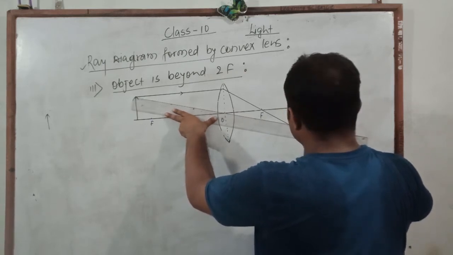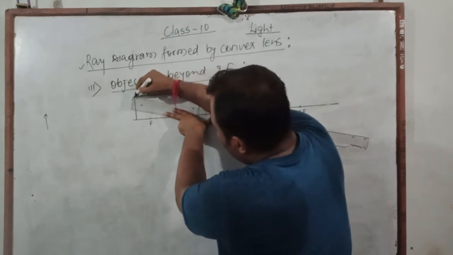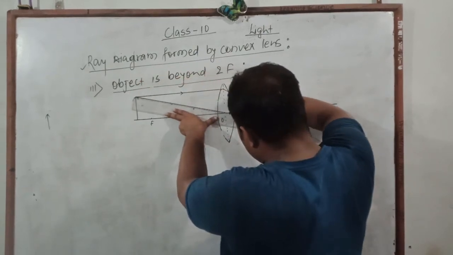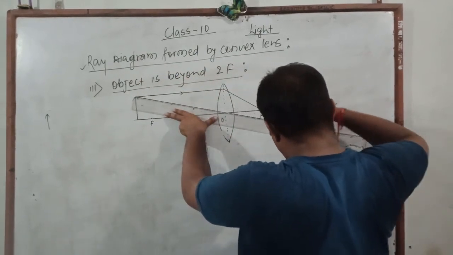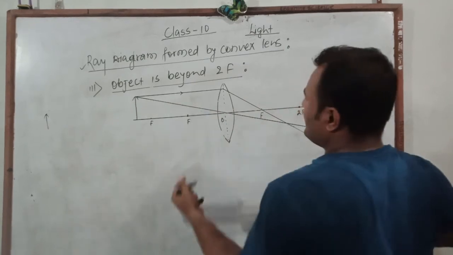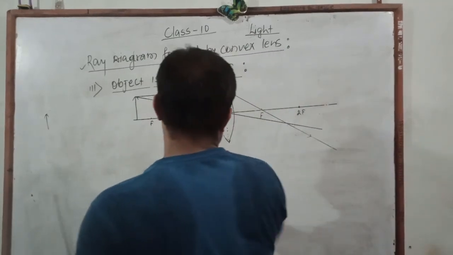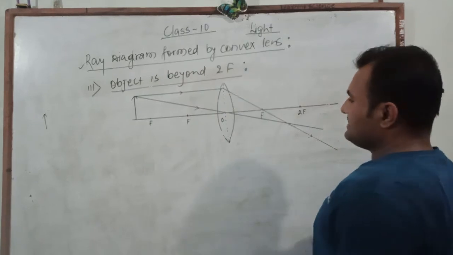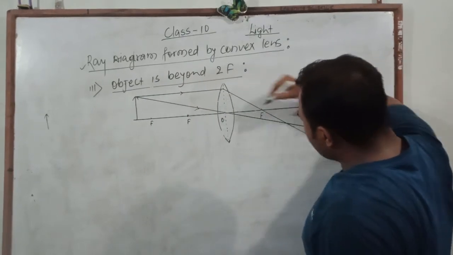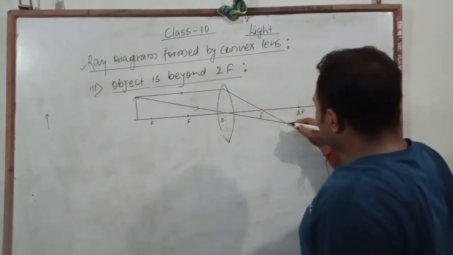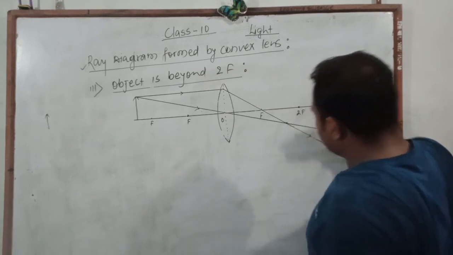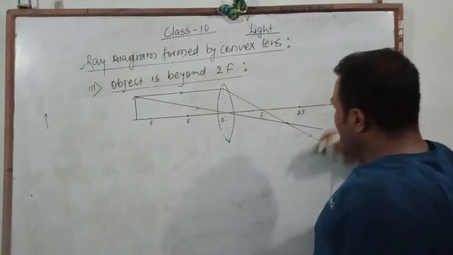See here, now it is called f. And here we take a ray of light that crosses O and passes through f. It goes without bending, no need to refract it. And we find that these two rays of light meet at that point. It means what? It is the position of the image.